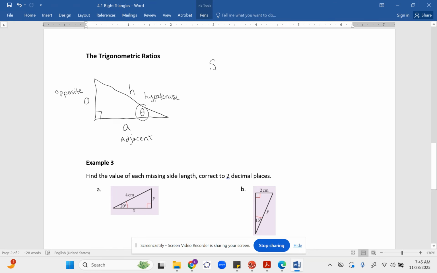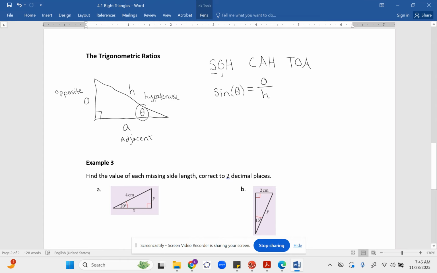So then we learned something called SOHCAHTOA. You've probably heard of this before. What that's referencing is that we can say the sine of an angle, cosine of an angle, tangent of an angle. Sine of an angle is equal to the opposite side over the hypotenuse.